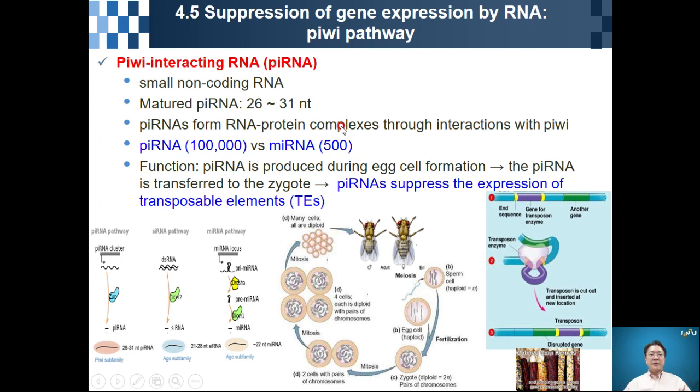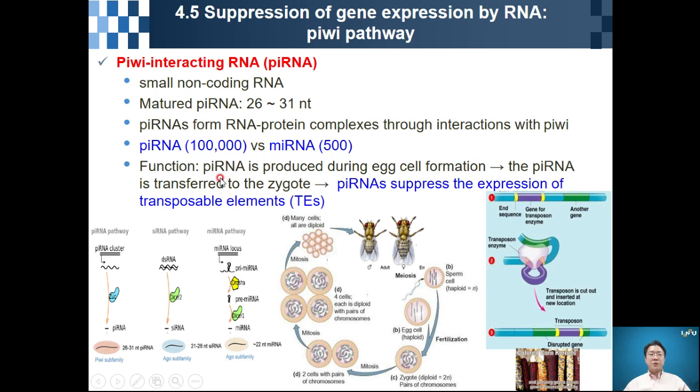Until now, 100,000 piRNAs have been identified. How about microRNA? Until now, only 500 microRNAs have been identified.